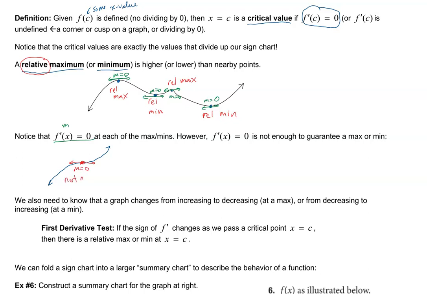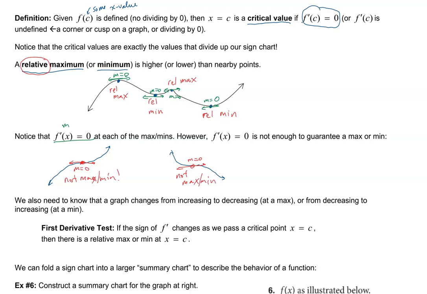Not a max or min. And we can have a similar thing happen if the graph is coming down, levels off for a moment, and then continues down again. We get a point in there where the slope is 0, the first derivative is equal to 0, but it's again not a max or a min.